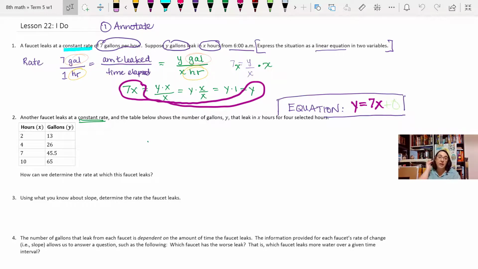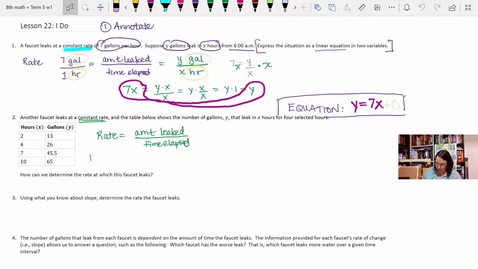I want to think again about the fact that the rate should be equal to amount leaked over time elapsed. So I'm going to pick 2 points, 2 pairs of data, a time period X and the amount of gallons that have been leaked at that point Y. I'm going to pick 2 points like this.